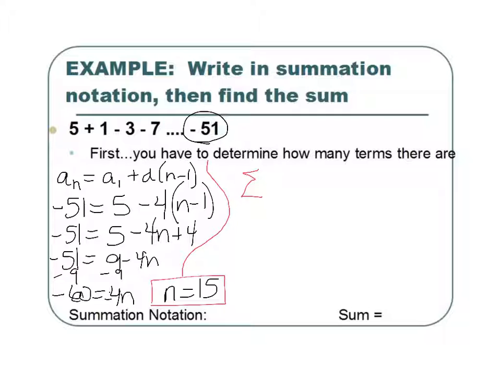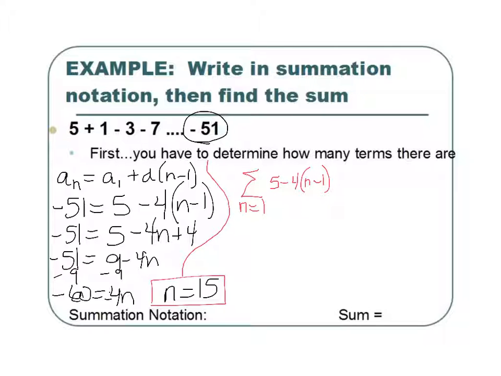Remember that summation notation looks like this. You start off with n equaling something. I typically make it start off at 1. I can adjust that later if I want. And I can write the rule over here just as an arithmetic rule. The first term minus 4 times n minus 1.